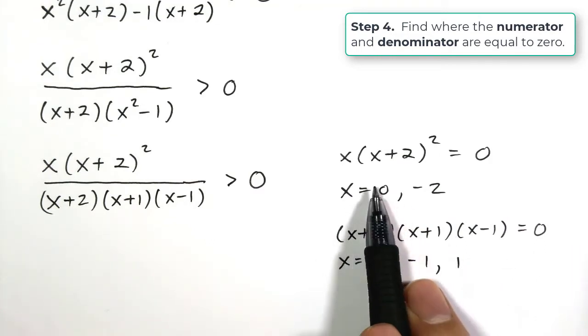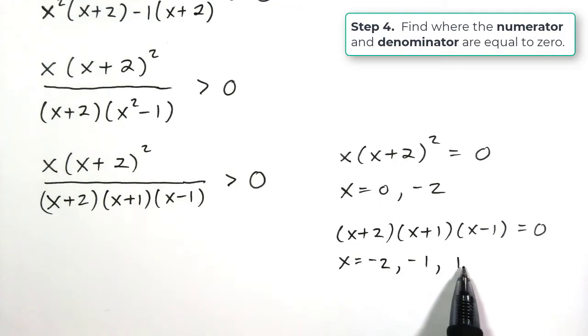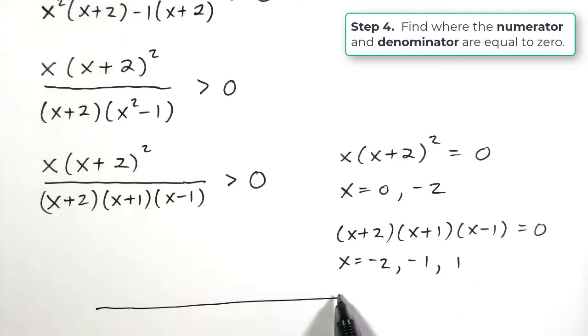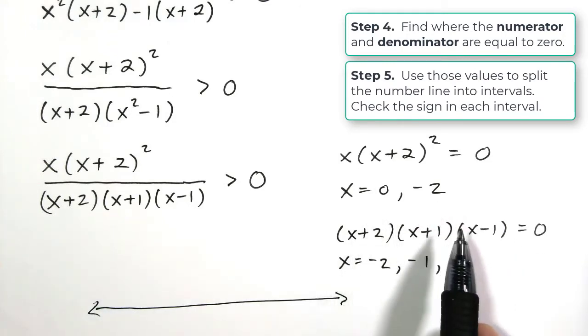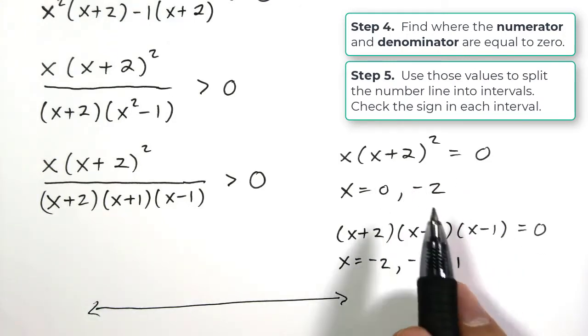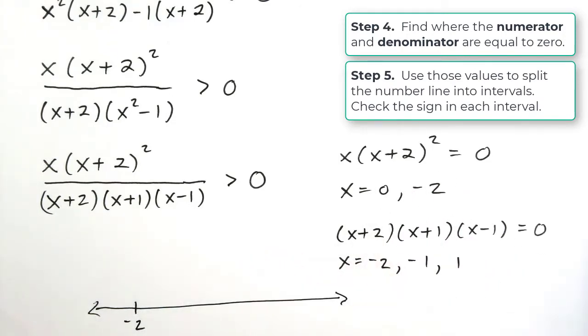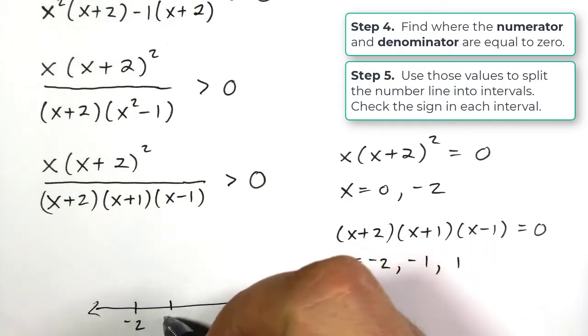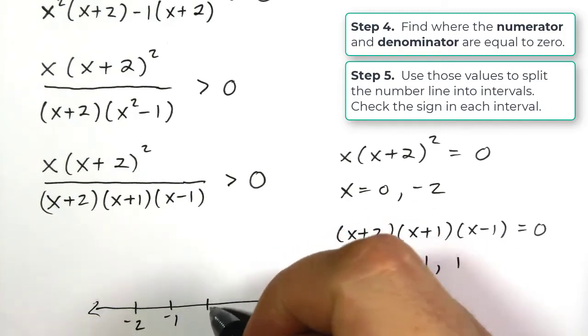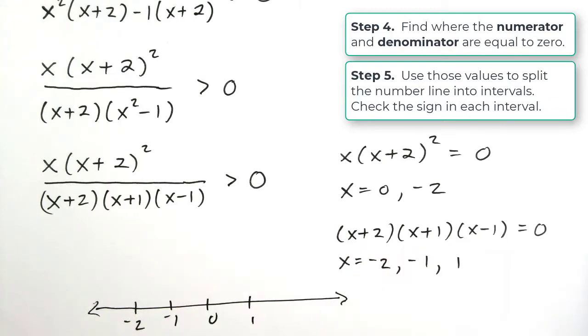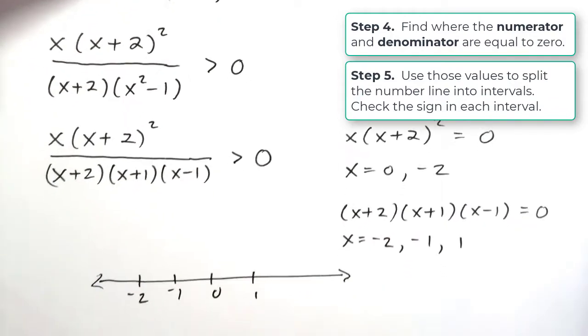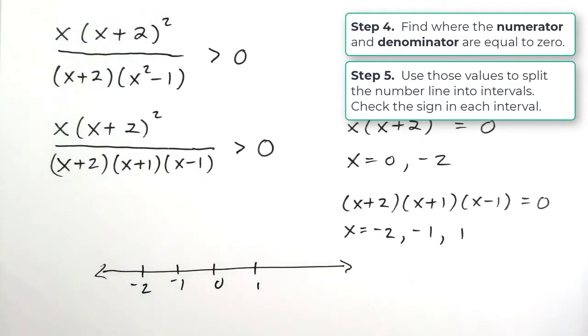So I'm going to look at all of these numbers. These are going to split the number line into intervals. We have the least number is -2, so let me mark that. We have -1, we have 0, and we have 1. So these are where the rational function can change sign.